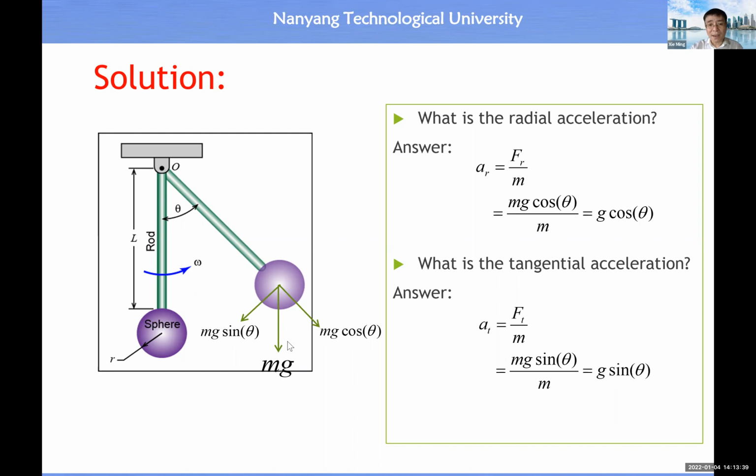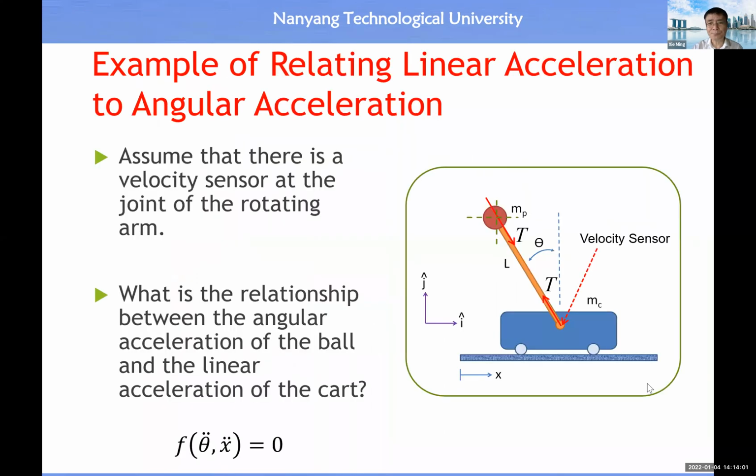So this force component is equal to mg cosine theta. Mg cosine theta divided by m is equal to the radial acceleration, so we have g times cosine theta. Then this force divided by m will give us the tangential acceleration, so g times sine theta. It's quite straightforward, right?